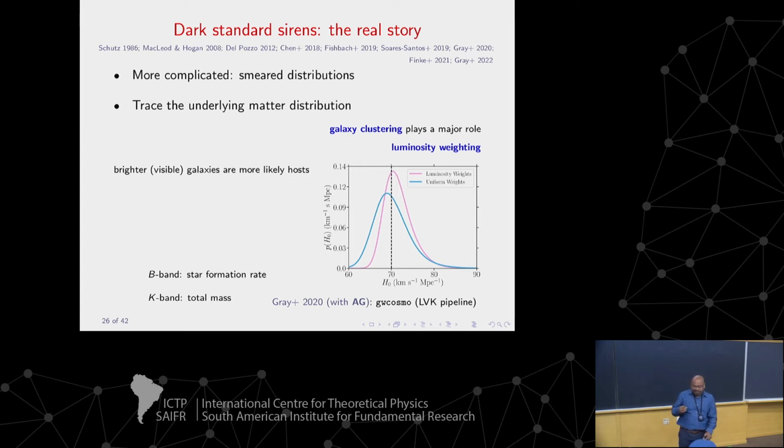And moreover, one can give different weights to different galaxies. So one can give more weights to brighter galaxies, and using this one can improve the efficiency in the method.